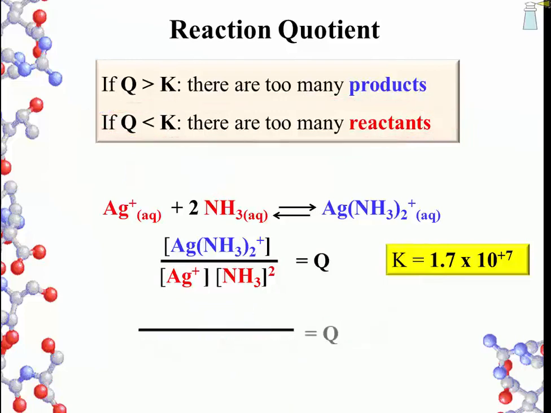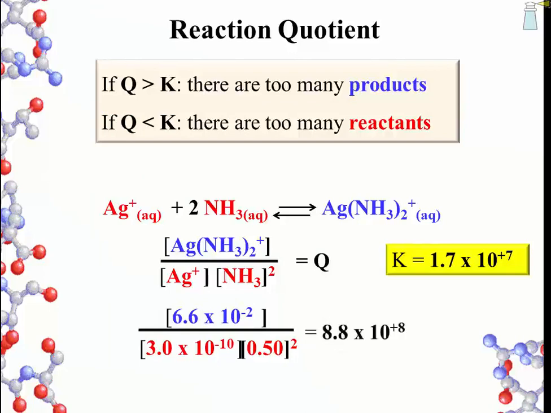One more set of concentrations. And again, we cannot tell if the reaction is at equilibrium just from looking at the numbers. Doing the math has Q at 8.8 times 10 to the 8th. Compared to K, Q is bigger at this point in the reaction.